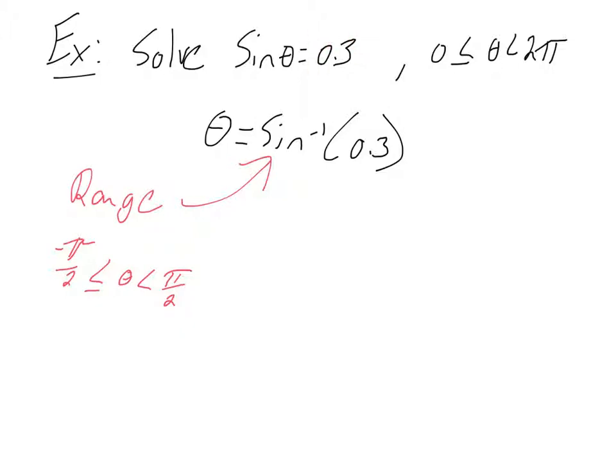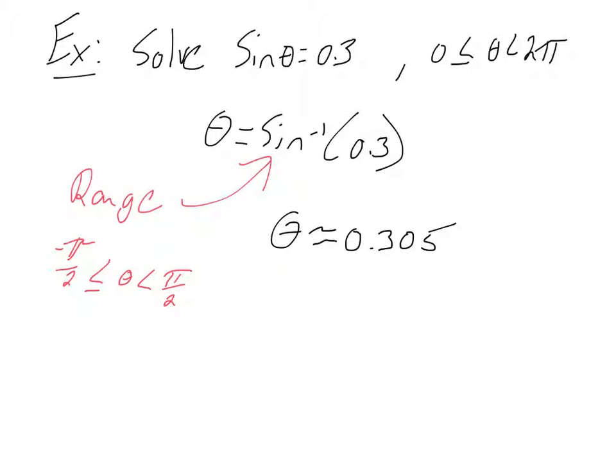Right, so we're going to go ahead, and our calculator will give us that theta in this case is roughly 0.304 or 0.305, and I'm rounding here, of course, because it's an inexact answer. So theta is about equal to 0.305.